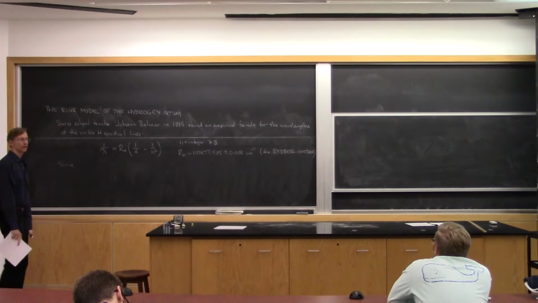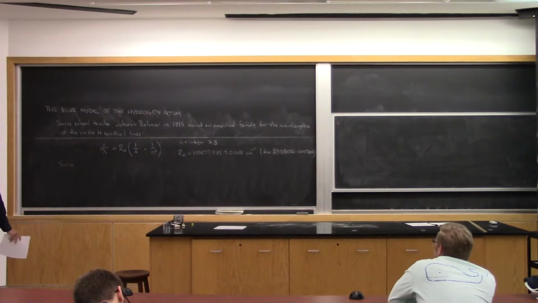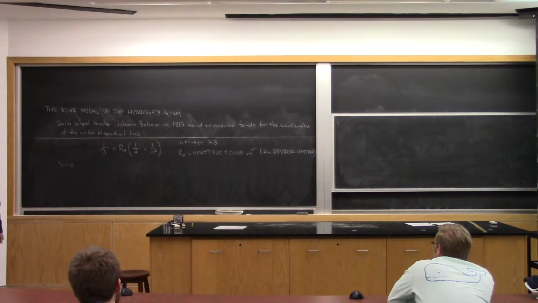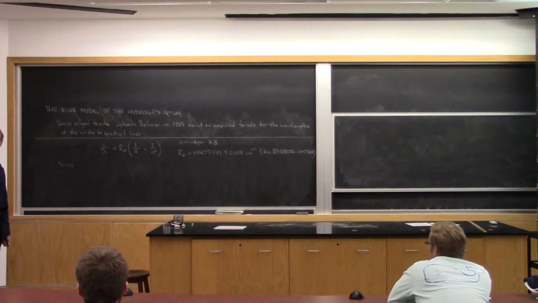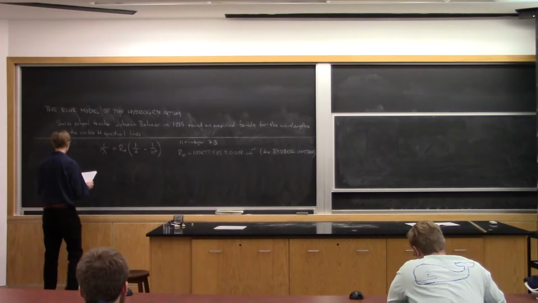So that's what Balmer found for the visible spectral lines, but 4 is 2 squared, so this suggests that maybe this generalizes, and of course it does.